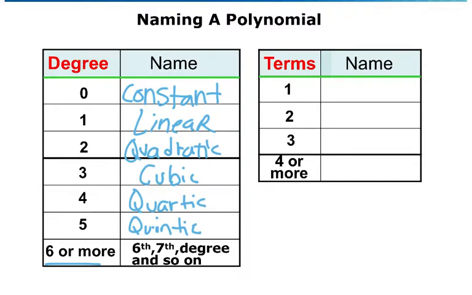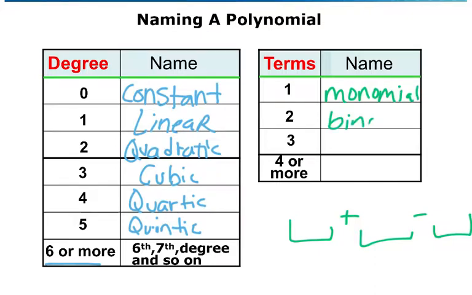And then we have our names for a polynomial. So this is based on the terms. So rather than the degree or the exponent, we're now talking about terms. So how many pieces are separated by addition or subtraction. All right. And so if you have one term, we're going to call it, as you may have seen, monomial. Mono meaning 1. 2, we're going to have a binomial.